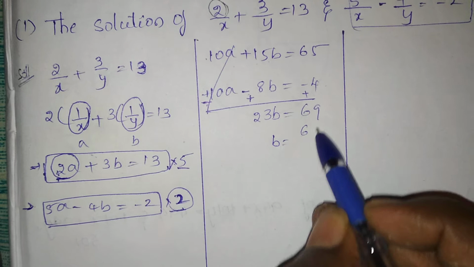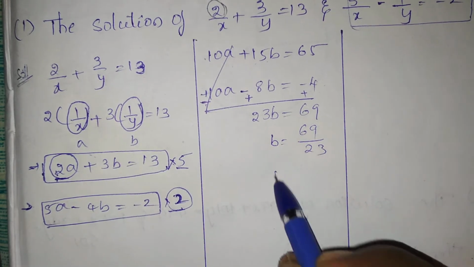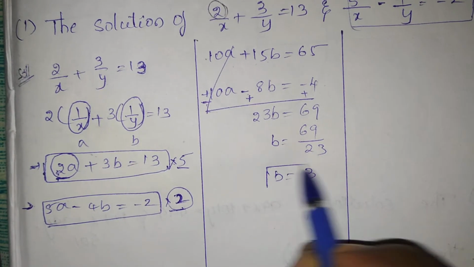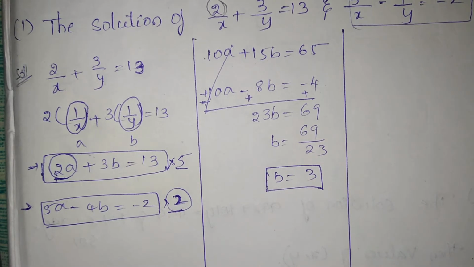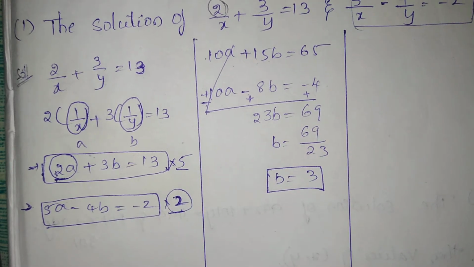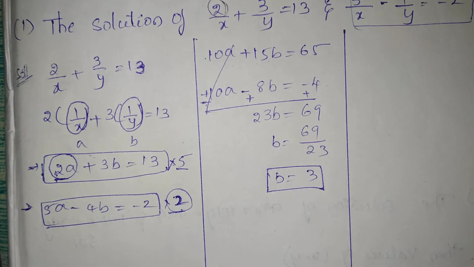b is equal to 69 by 23, and b is equal to 3. Here we found that b is equal to 3.